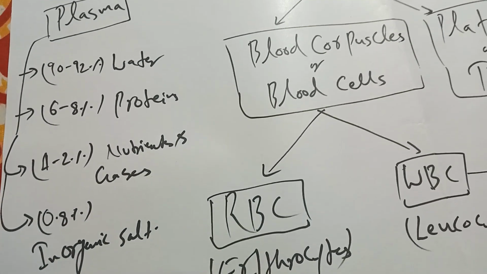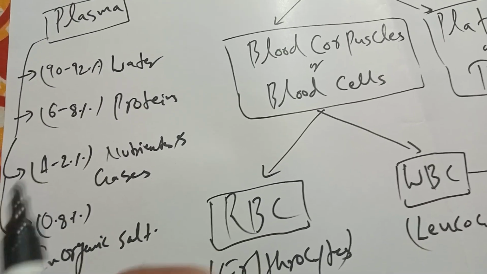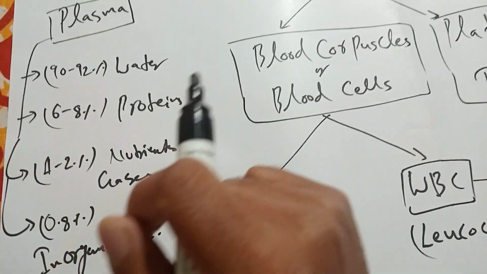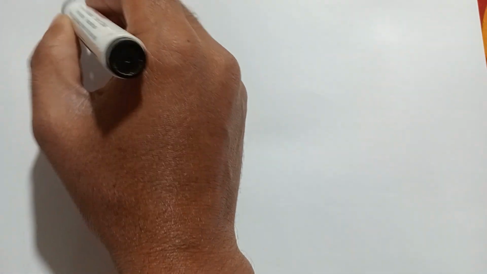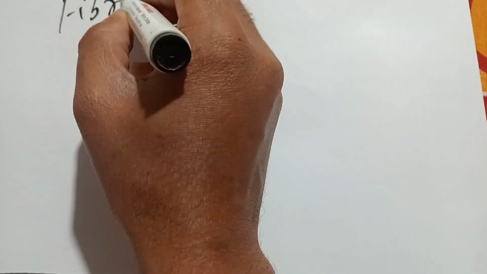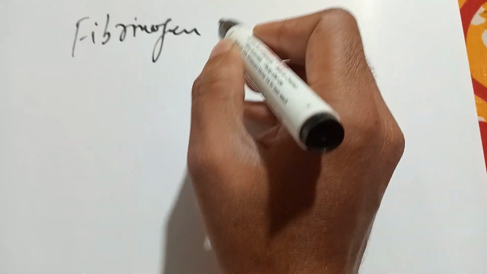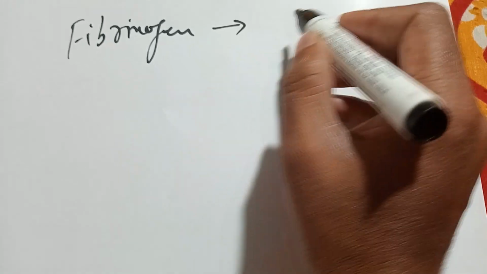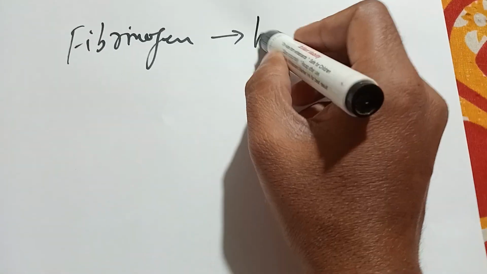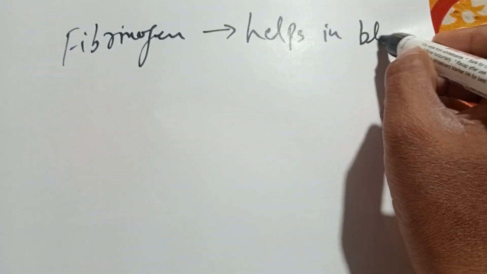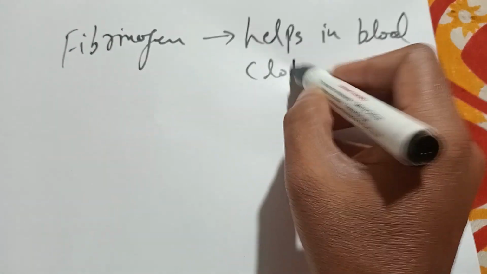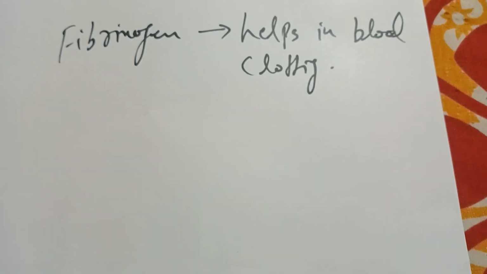Now, which types of proteins are present? The first protein present in plasma is fibrinogen, which helps in blood clotting.